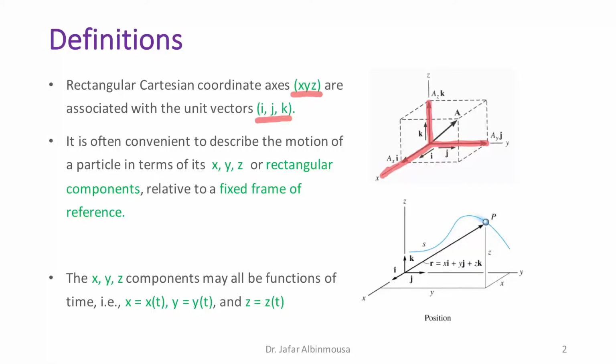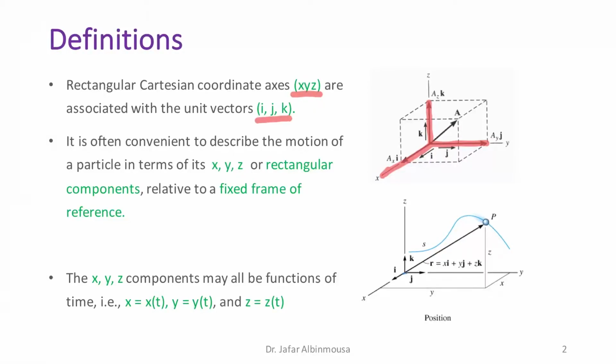Now, it is often convenient to describe a motion using rectangular components, and by that you need to fix a frame of reference. So for example, in this situation, this particle is moving along a curvilinear path, and in order to describe that motion, we first need to construct a coordinate system.